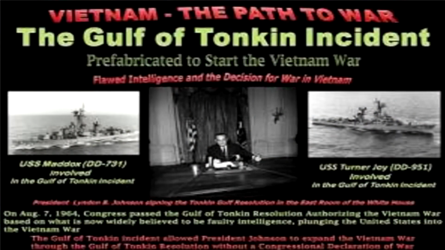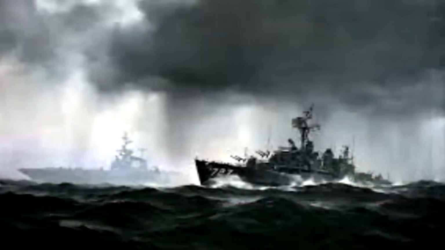In late 2005, the National Security Agency declassified its own official history of the Gulf of Tonkin and admitted that the intelligence agency officers had deliberately skewed the intelligence and claimed that Vietnamese patrol boats had attacked U.S. destroyers on August 4, 1964, when in reality they had done nothing, even while being fired on by U.S. forces.